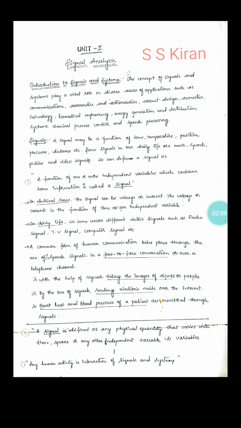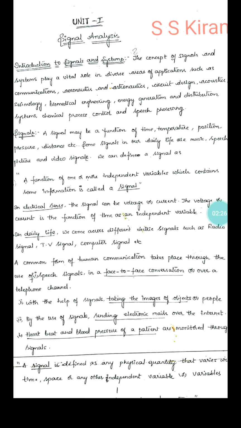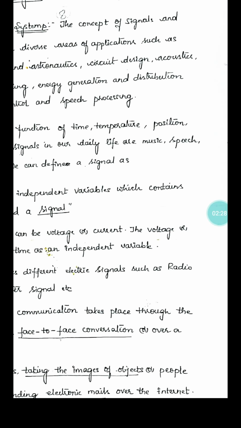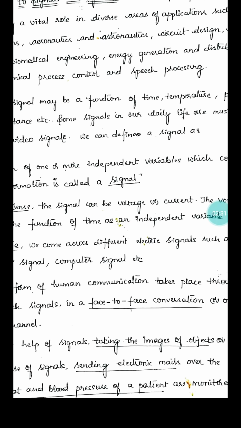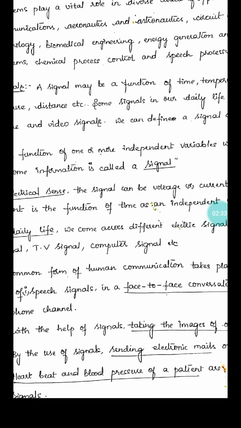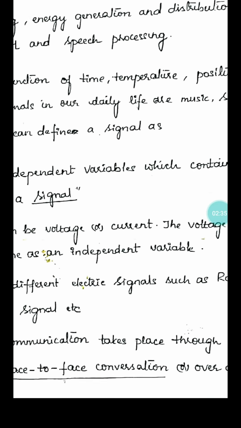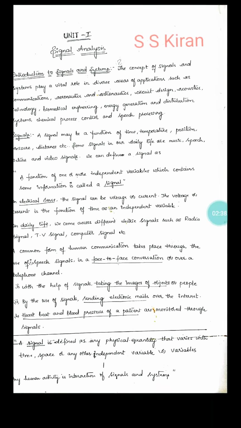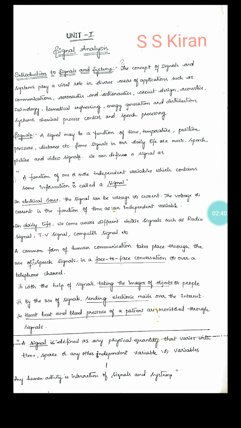Some signals in our daily life we can observe: music, your voice, picture and video, audio signals. We can treat these as signals. Coming to the exact definition of signal: a function of one or more independent variables which contains some information is called a signal.